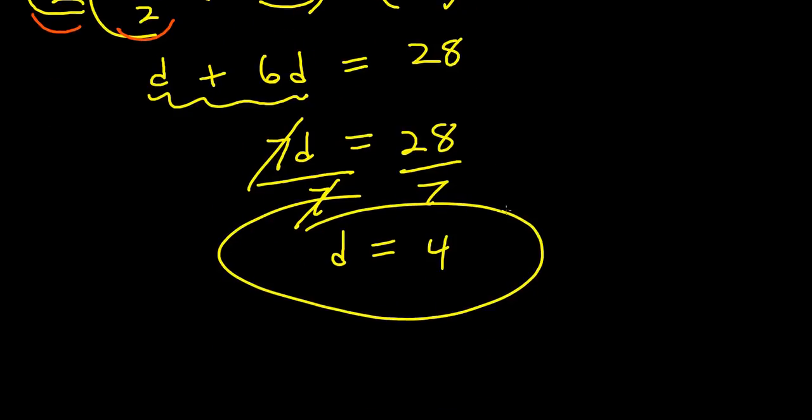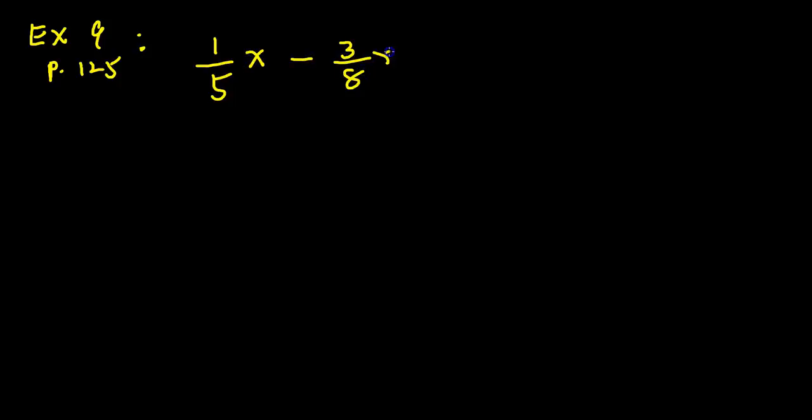All right, one more. We'll call it a day. Example 9 on page 125. And please look along in the text. This one's kind of a nasty one, or nastier anyway. 1/5 x minus 3/8 x equals 1/10.